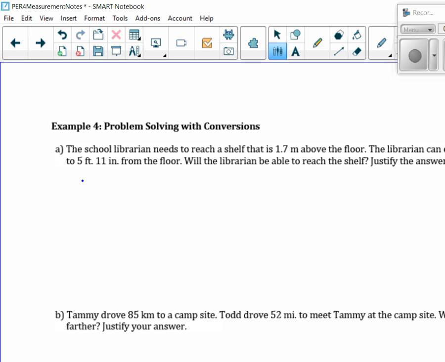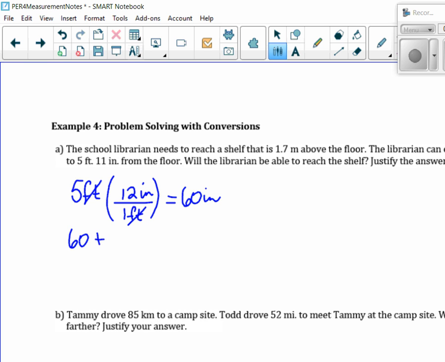So 5 feet, I got to convert that to inches right now. So that is 1 foot is 12 inches. The feet cancel, and I'm left with 60 inches. Then I got to convert the 60 plus 11 inches is 71 inches into meters to see if she can reach it.